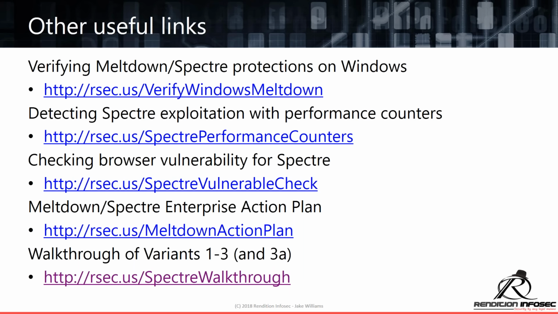Also, last week we put together an enterprise action plan at my company, Rendition, and talked about basically a 6-step plan that you can use not just for this, but honestly for any big fire drill kind of vulnerability. Now, we do cover some stuff specific to Spectre and Meltdown because it does fundamentally change the way we think about trusting the processor.